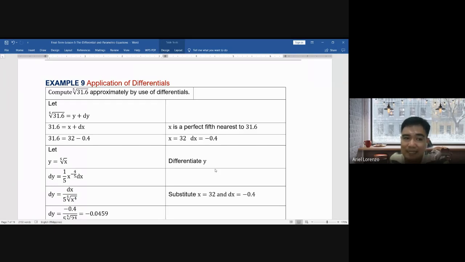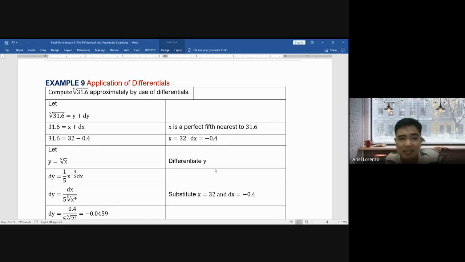Ngayon, ang gagawin natin is, dapat, class, yung x mo is a whole number and a perfect fifth root. Okay, perfect square kanina, no? So, perfect fifth. Nearest naman to the given 31.6. Ano yung value, class, na perfect fifth near to 31.6? Di ba 32? Kasi ang fifth root ng 32 is 2. Nakuha? So, ang nearest perfect fifth, class, to 31.6 is 32.